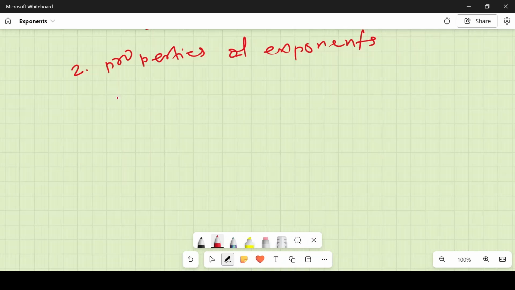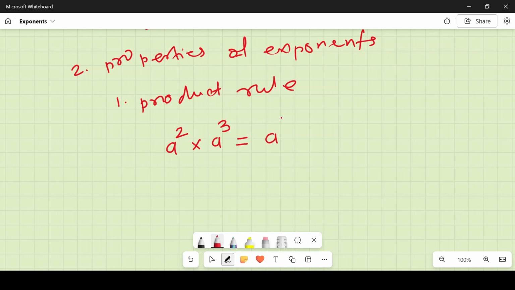Let's start with the first property, that is called the product rule. When multiplying two powers with the same base, suppose I have a^2 multiplying a^3, the base is the same, then the result would be the base and the summation of its exponents, that would be 2 and 3.